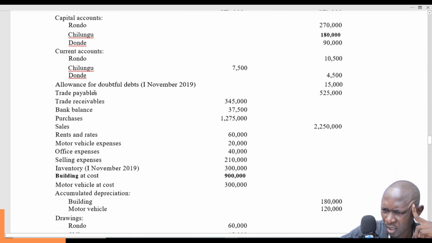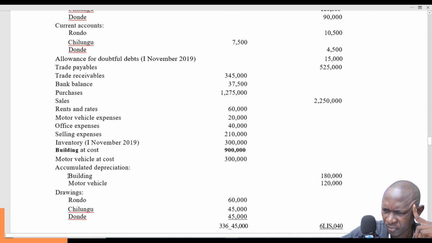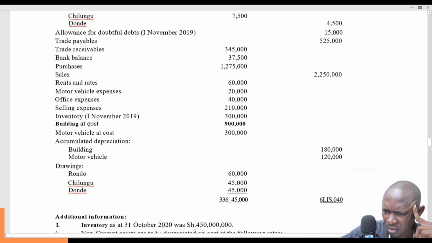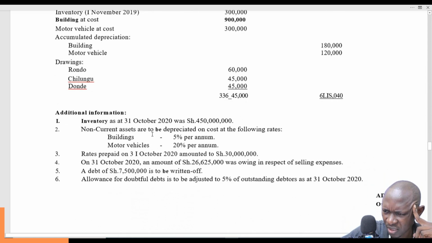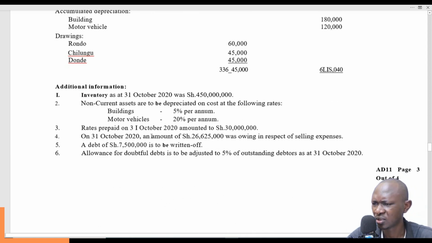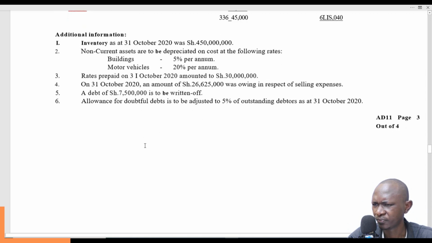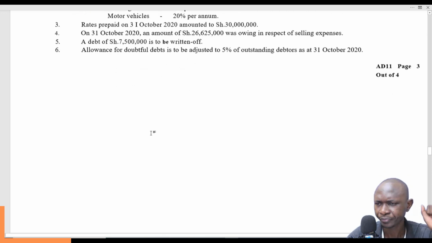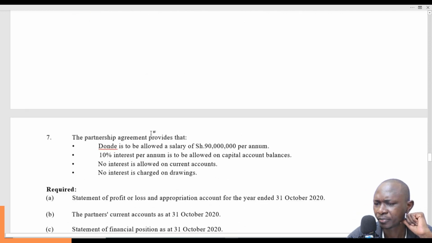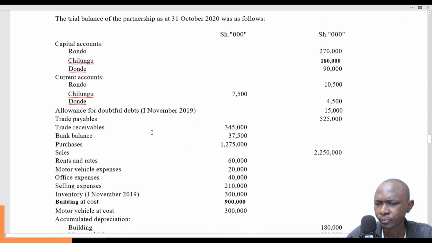Allowance, trade payables, trade receivables, bank balance, purchases, we have purchases there, sales is there. Returns inwards, returns outwards, they are not there. Let's see if there's anything to affect purchases or sales. I can see closing inventory. Looks like it's a straightforward question.